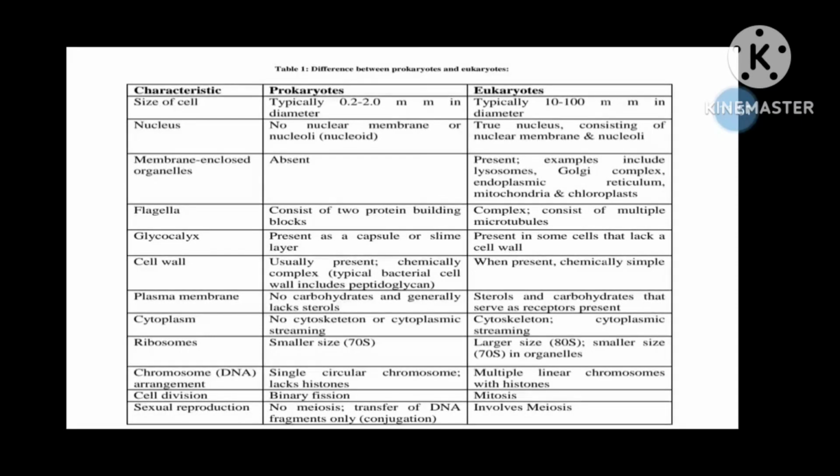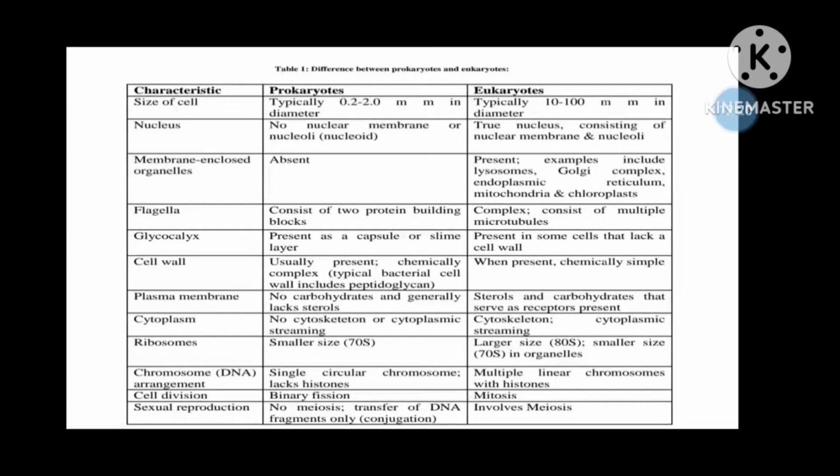Now, come to the DNA, that is the chromosome arrangement. In prokaryotic cells, single circular chromosomes lack histone protein. Means, in DNA of prokaryotes, histone protein is not present. But in eukaryotic cells, your chromosome is present with histone protein. Histone is a type of protein, right?